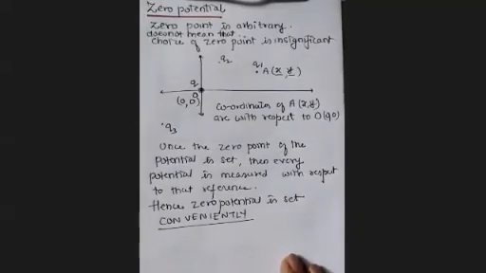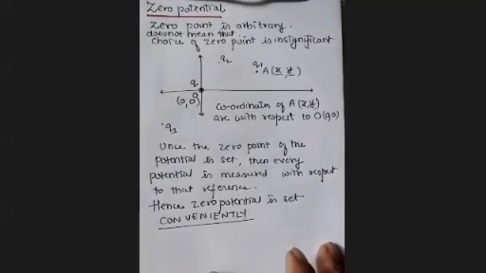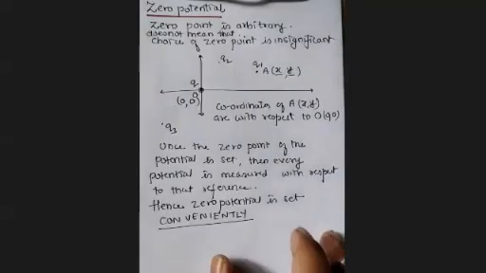On the contrary, in the case of a point charge, or a collection of charges, the zero point is set at infinity.